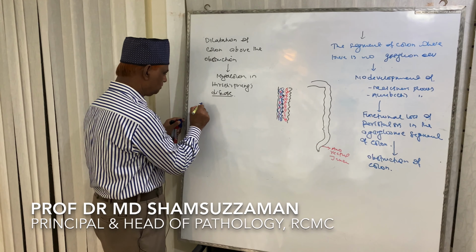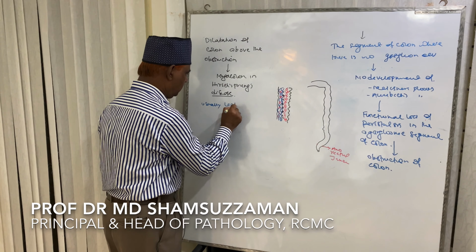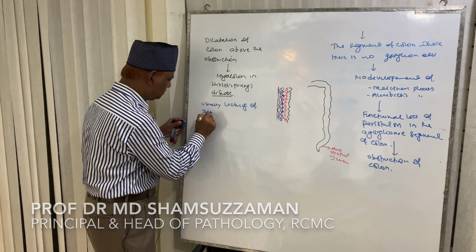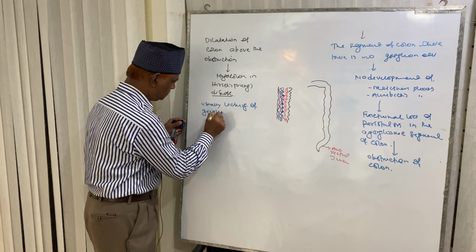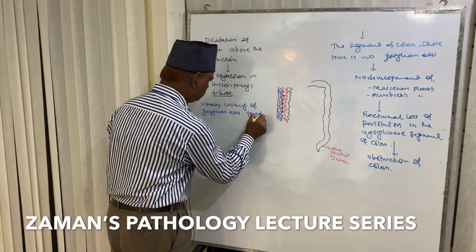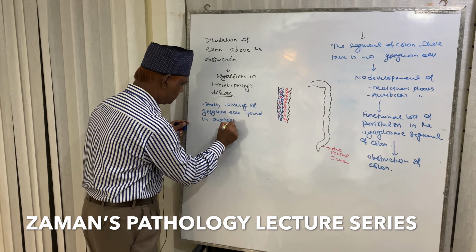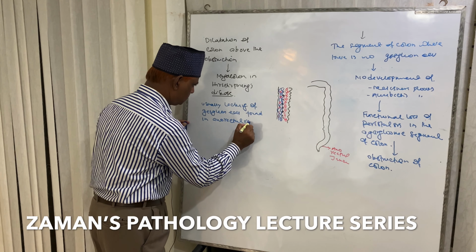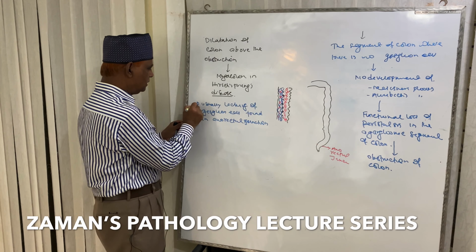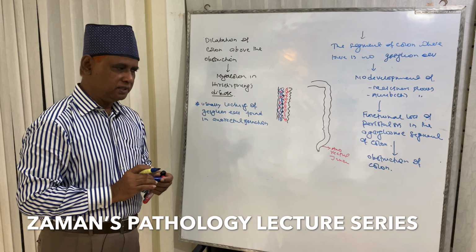Usually lacking of ganglion cell is found in the anorectal junction.